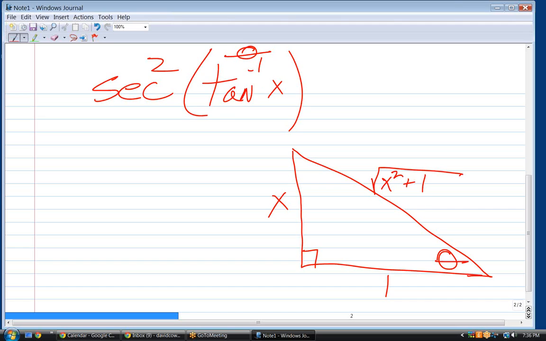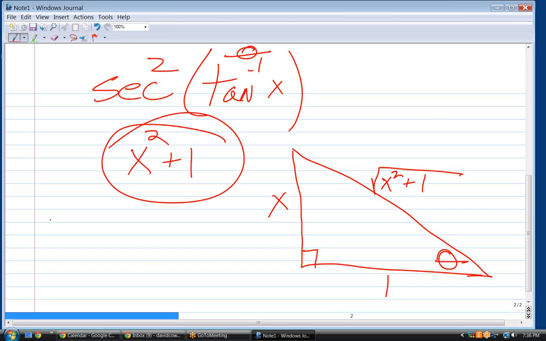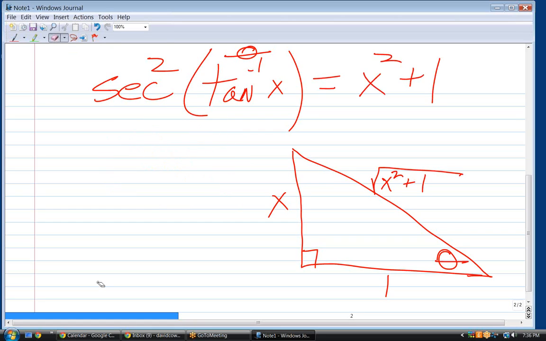Hypotenuse over adjacent. Correct. So what's the secant squared of theta? It would just be x squared plus 1. There it is.